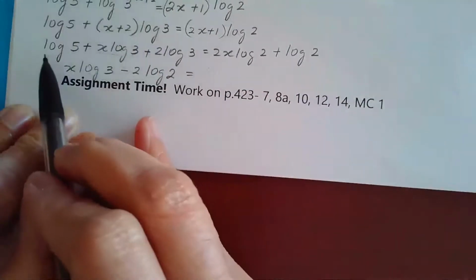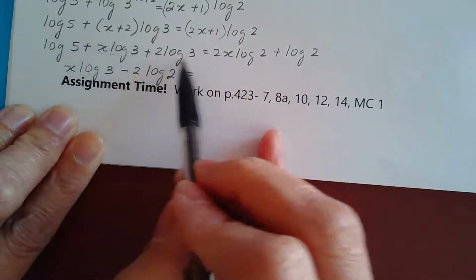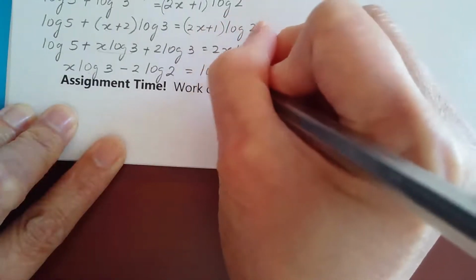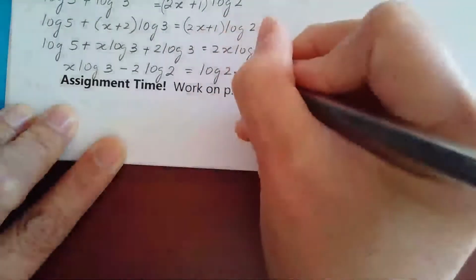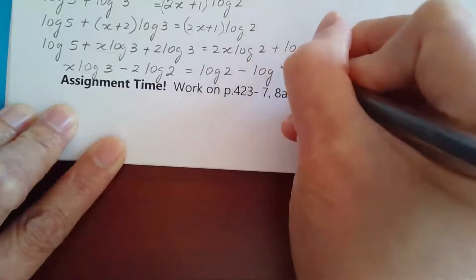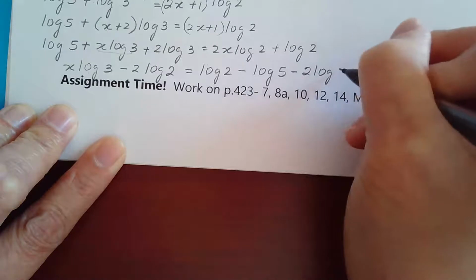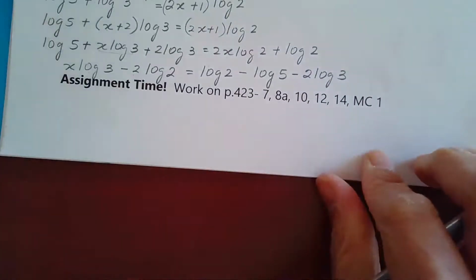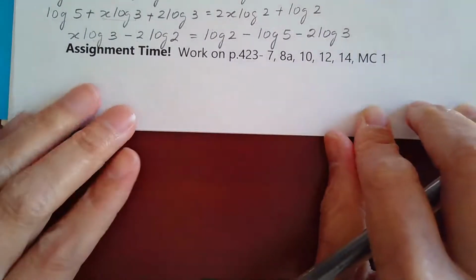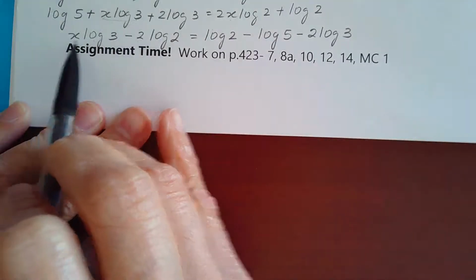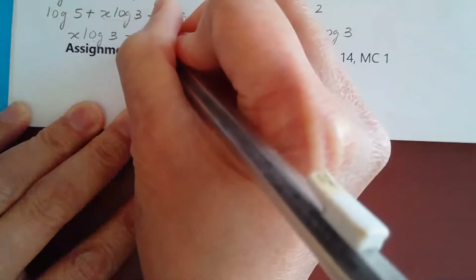Now I'm going to take the log of 5 and 2 log of 3 to the other side of the equation. So log 2 minus log 5 minus 2 log 3. Oh, this is a really big one. Did I miss something? I missed the x there.